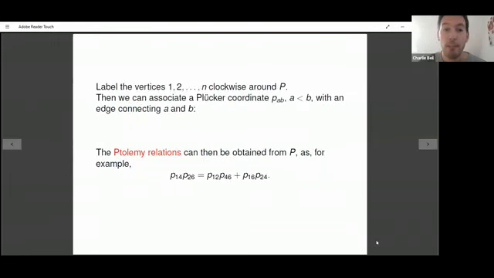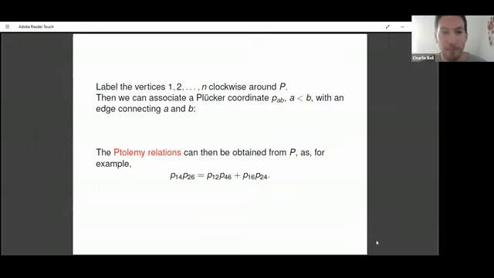Now label the vertices 1, 2 through n clockwise around P. So we have this polygon, and we label the vertices 1 through n clockwise around our polygon. Then we associate a Plücker coordinate P sub AB, where A is less than B, with an edge connecting A and B. On each of the edges of this triangulation of your polygon, you put a P sub AB, saying from what vertex to what vertex this edge is going.